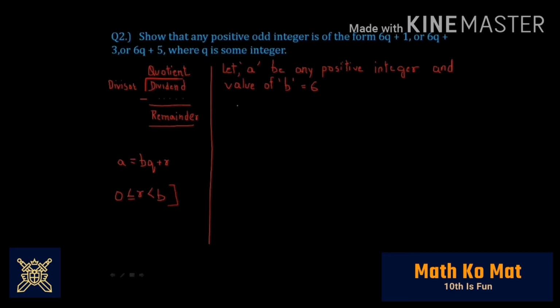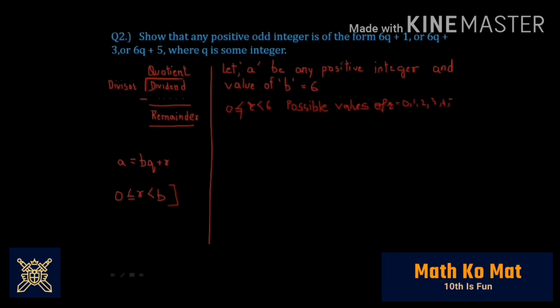So r has a value which is equal to or greater than 0 but is smaller than b. b is 6, so the possible values of r would be 0, 1, 2, 3, 4 and 5.